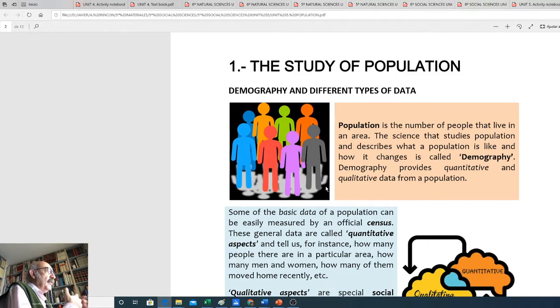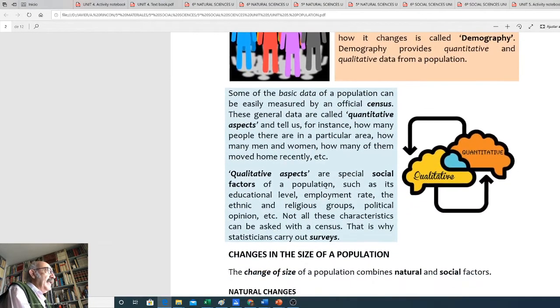And to do that, demography needs two different types of data. One of them is called quantitative data. Some of the basic data of a population can be easily measured by an official census.